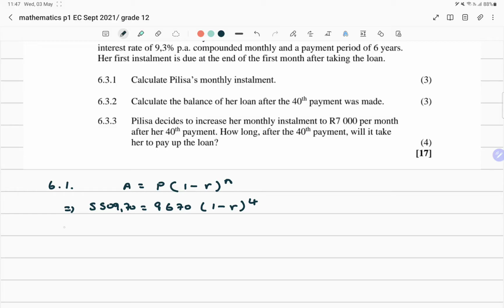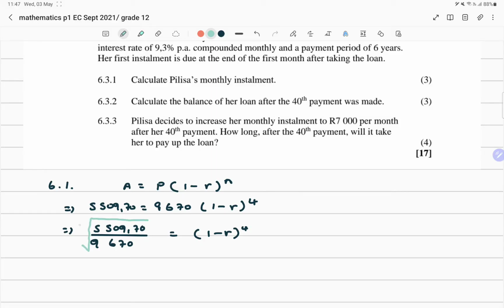So the quickest thing here to do is to essentially divide by this one. So we're going to divide 5509.70 by 9670, which is equal to 1 minus r to the 4. Okay, now what you do at this point, you take the fourth root.